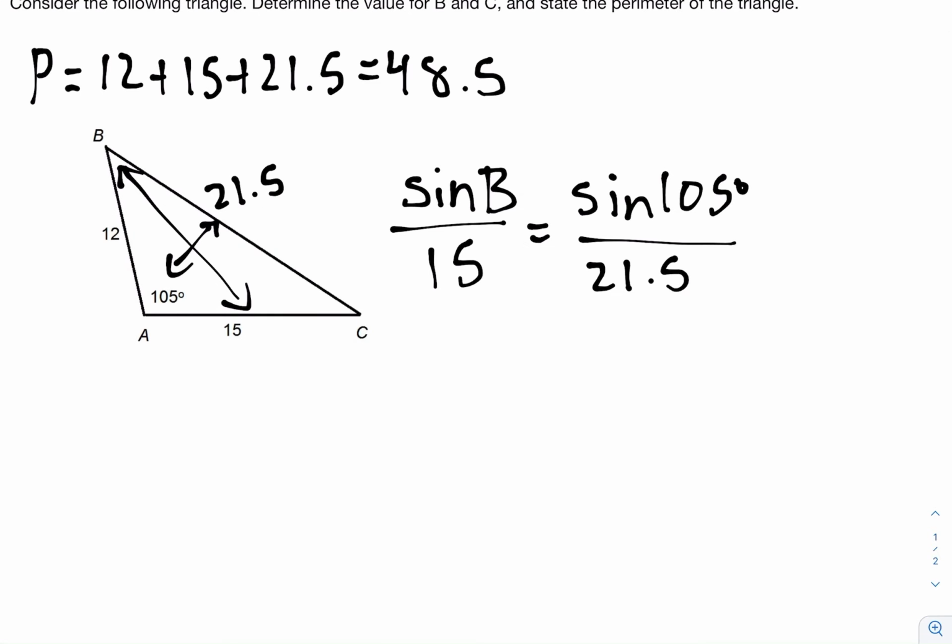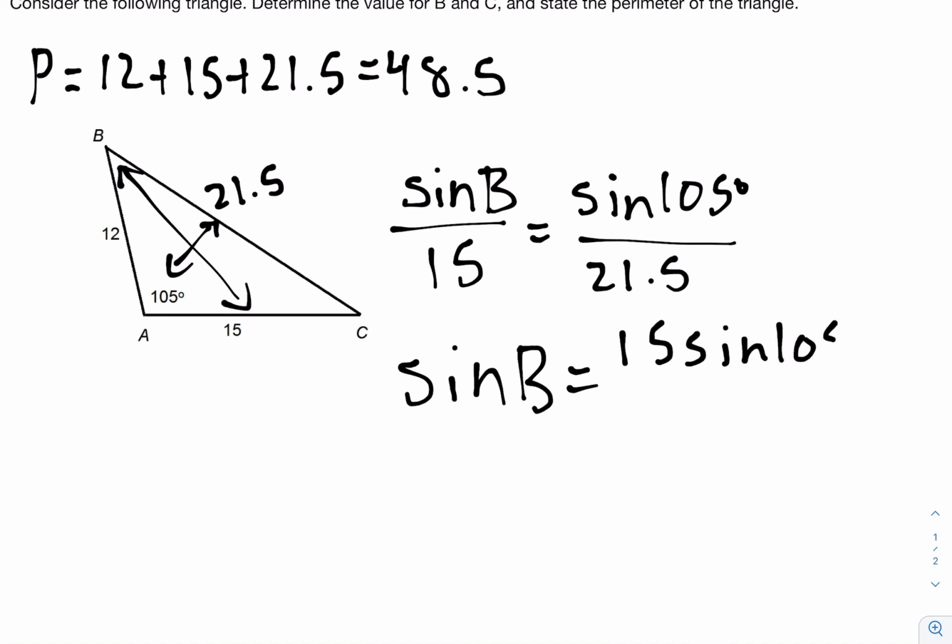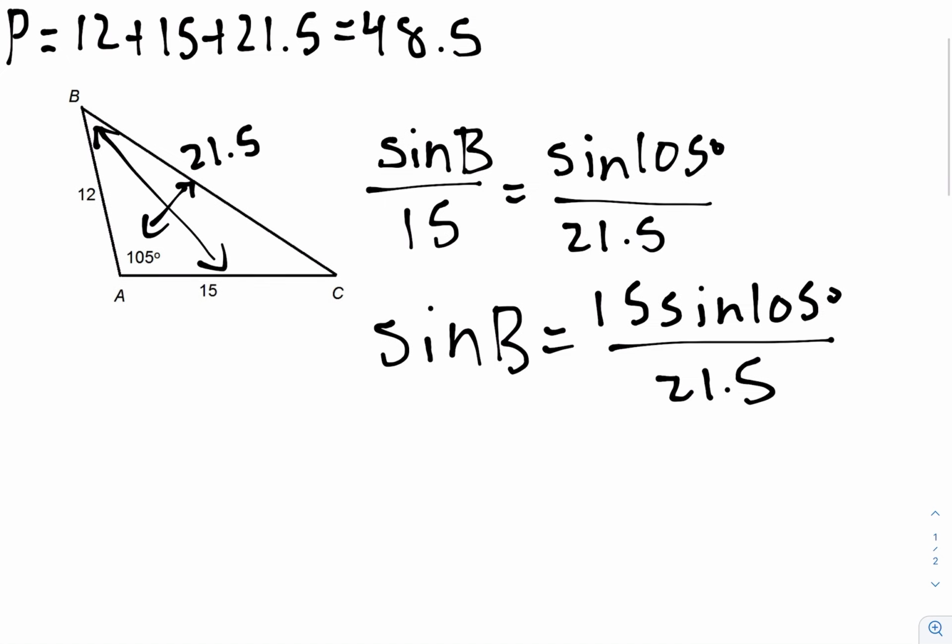Okay, so to solve for sine B, we just multiply both sides by 15. So sine B is 15 sine 105 over 21.5. So we take 15 sine 105 and divide it by 21.5. Notice how this is between 0 and 1. So sine B is 0.674.